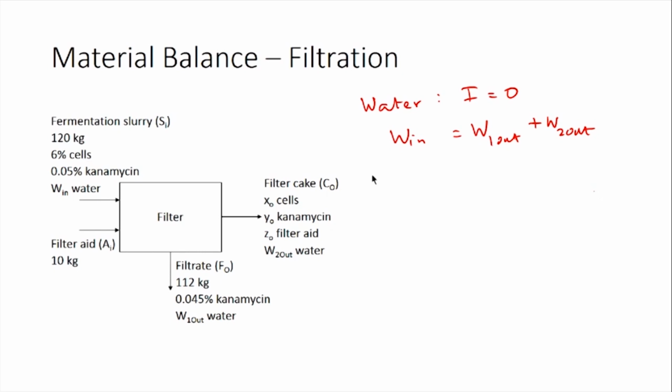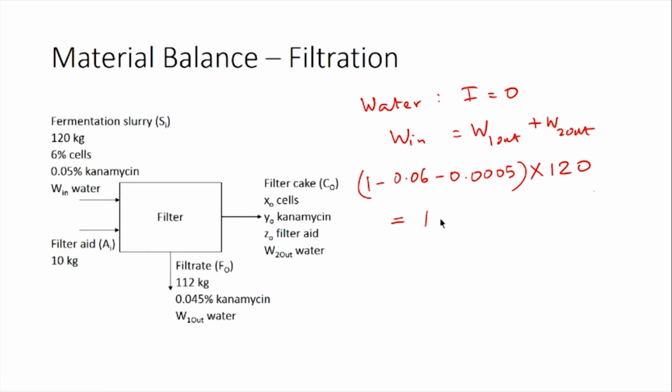Knowing that, we can calculate the mass fraction of water as 1 minus 0.06 minus 0.0005 times 120. So, this is the mass of water entering the system. Water is leaving the system through two different streams. In the filtrate, the concentration of kanamycin is given as 0.045%, which means the rest would be water.